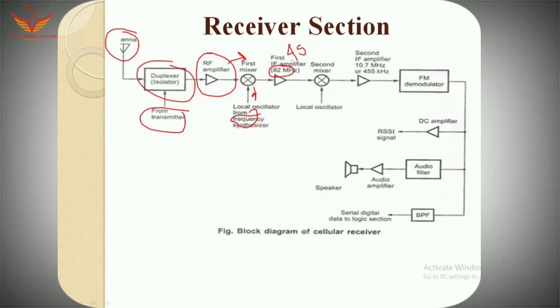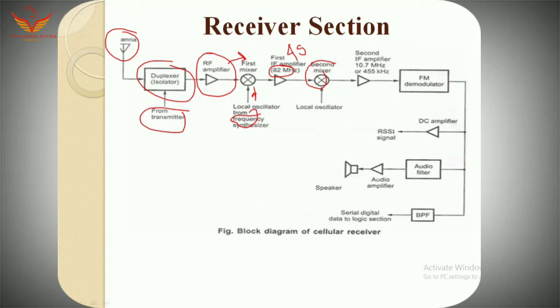The signal passed through the first intermediate frequency amplifier is applied to the second mixer, which will down convert the frequency again.